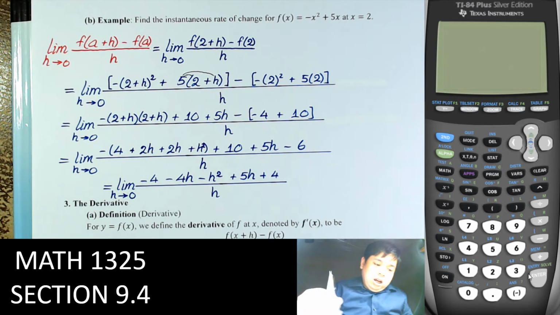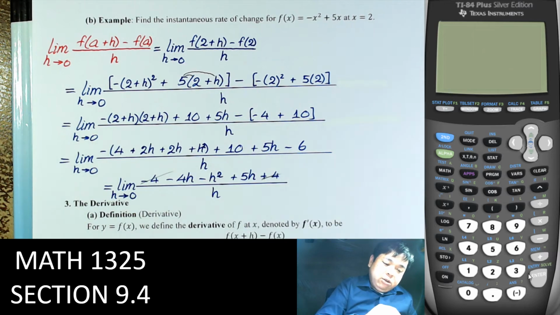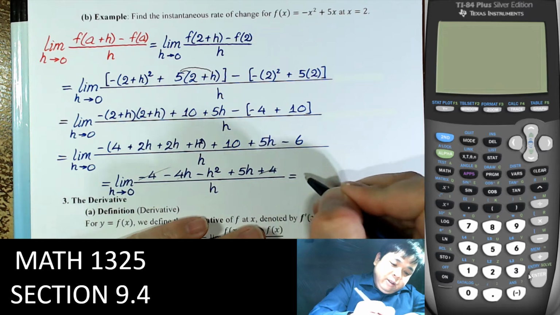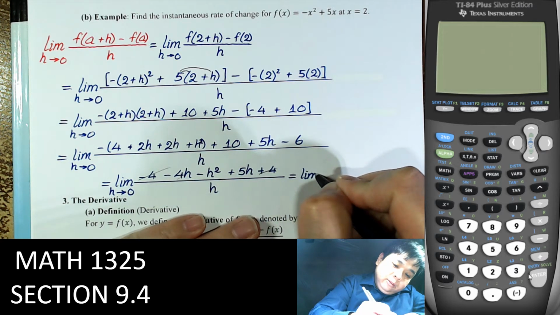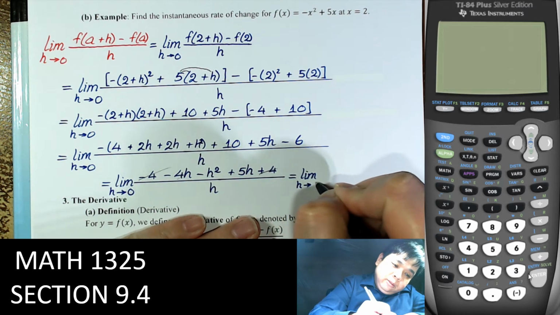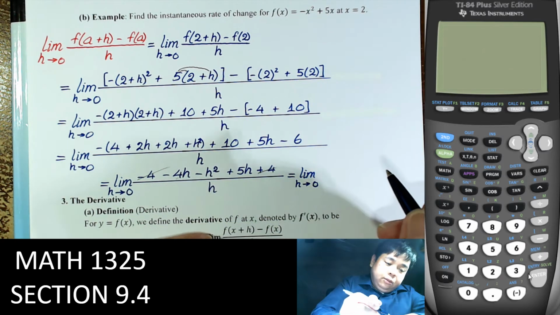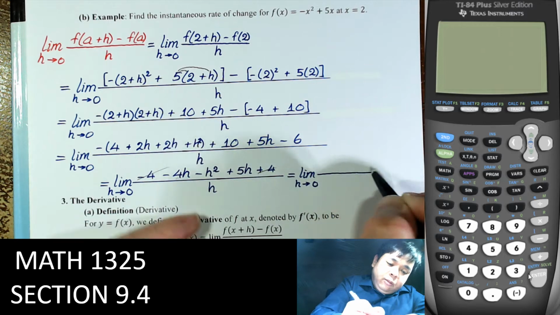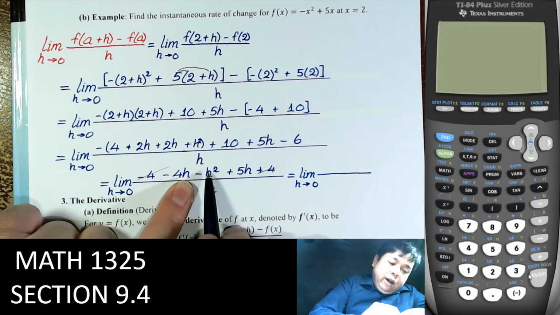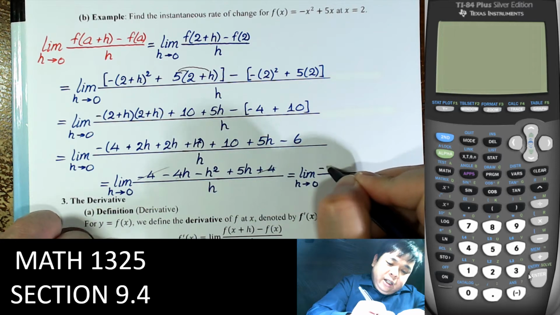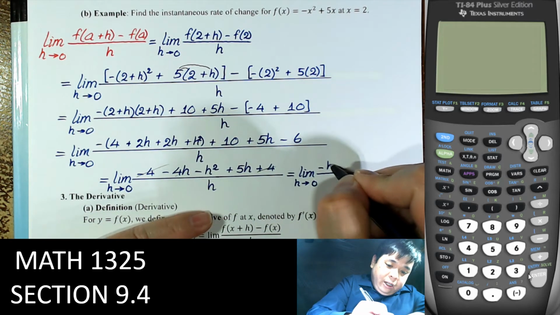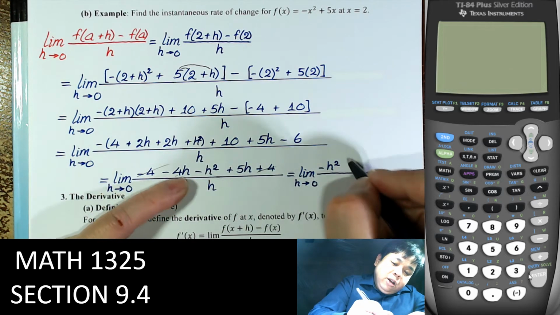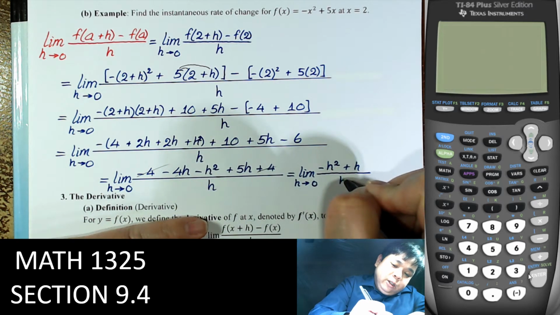By combining like terms, minus 4 and 4 cancel out. 5h, and for h, we just have, I just want to write negative h squared plus h over h.